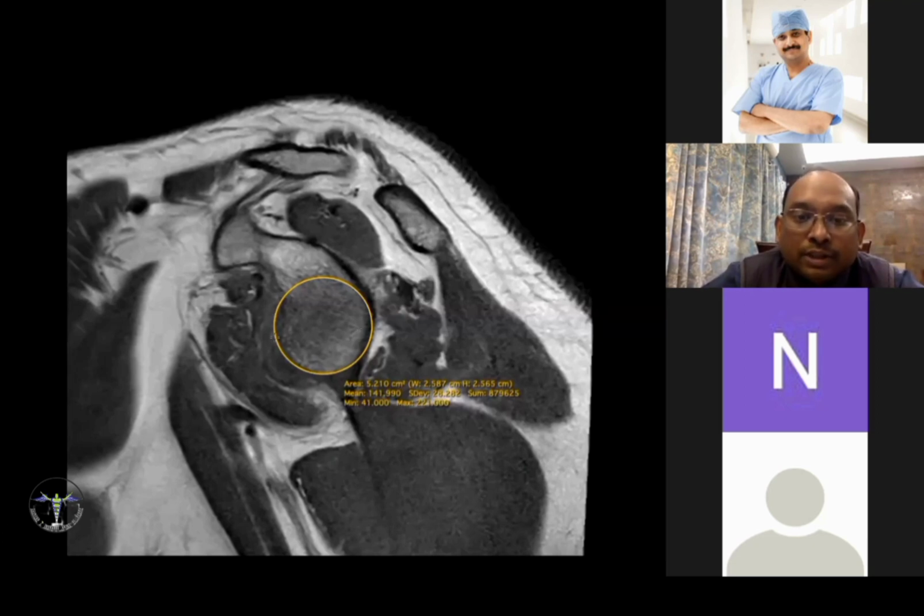So here, if we see, the whole circle is fitting on the glenoid. So there is no significant bone loss as such in this case, but there is definitely a large Hill-Sachs lesion. So this becomes a non-engaging type of bipolar lesion.